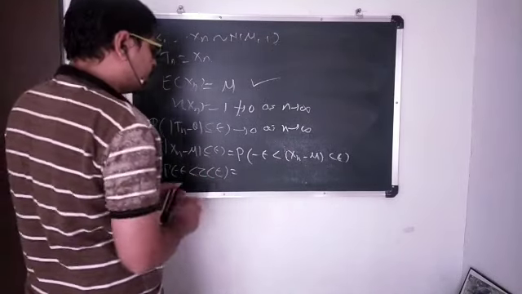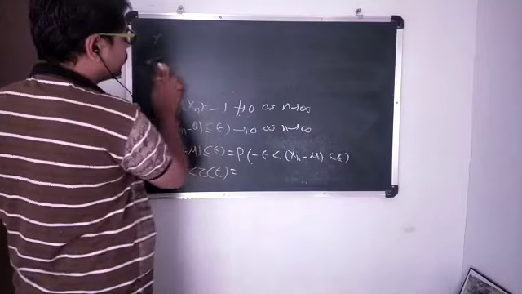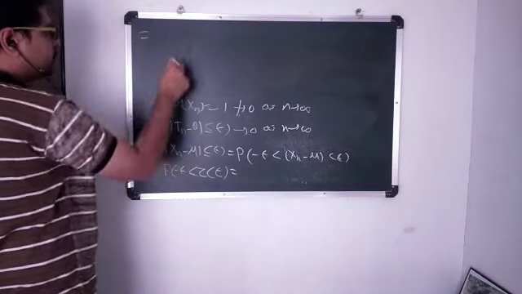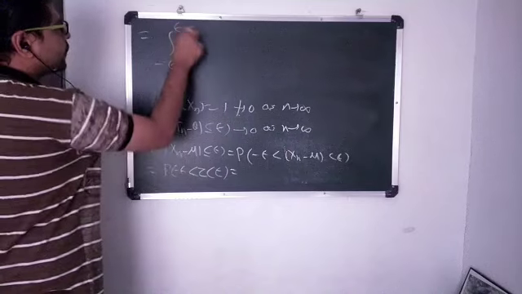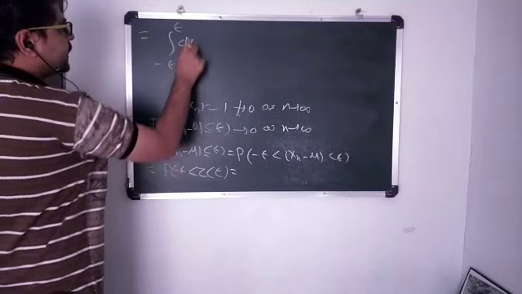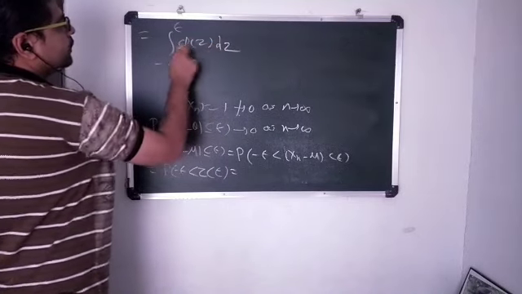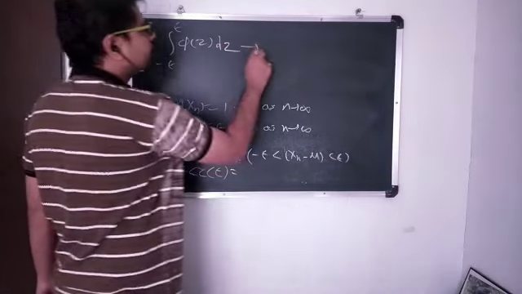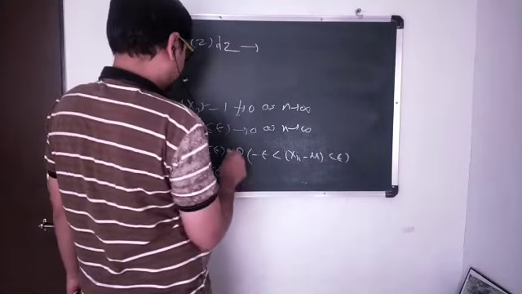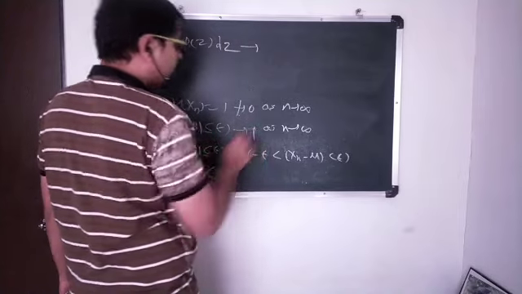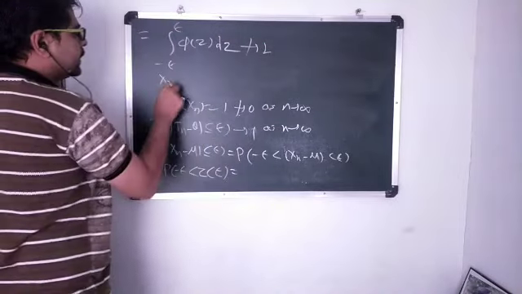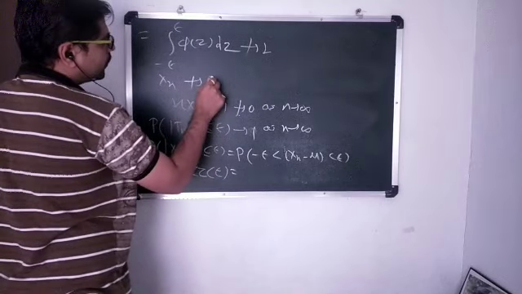So what is this probability? It is equal to the integral from minus epsilon to plus epsilon of phi(z) dz, where phi(z) is the PDF of the standard normal distribution, and this does not tend to 1. So xn is not a consistent estimator of mu.